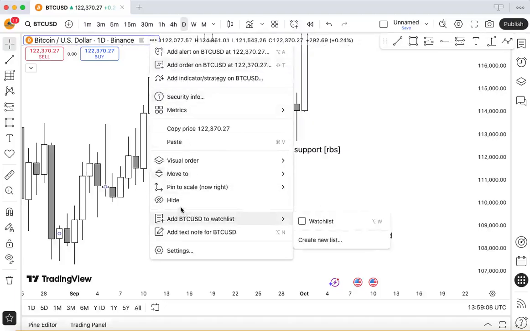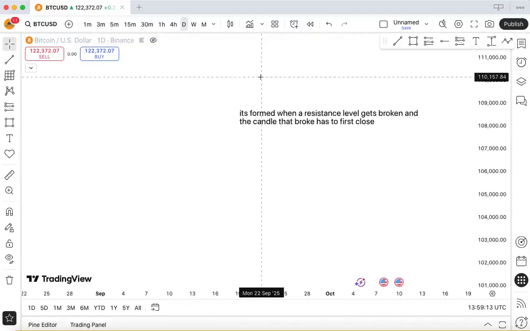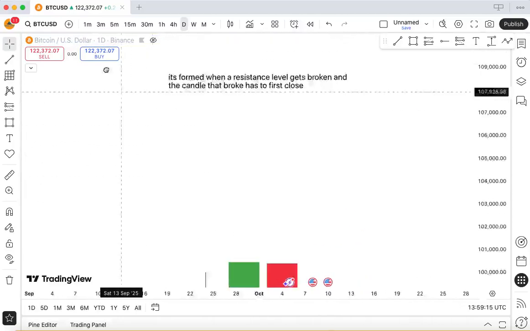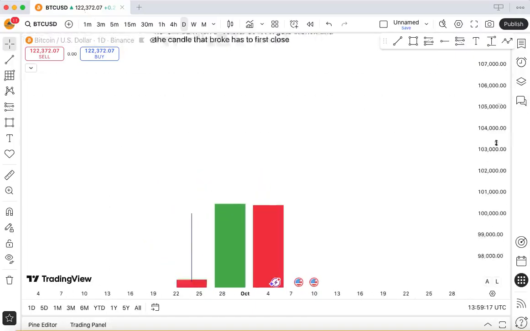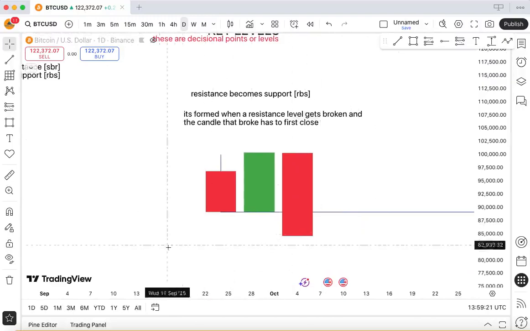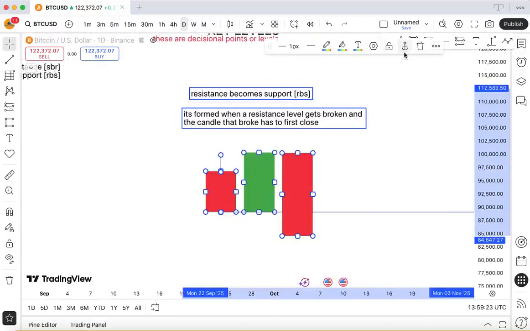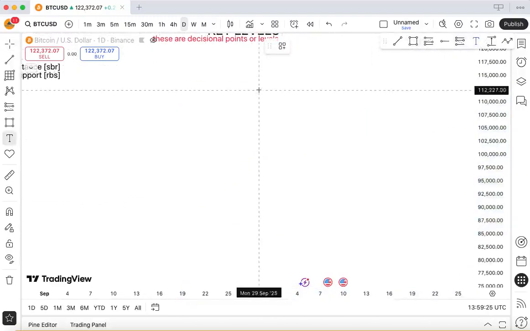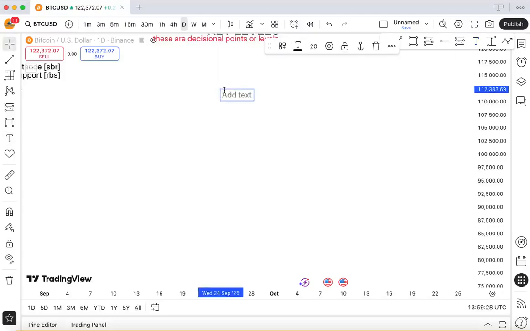I said another one is called an OCL, or an open and closed level. OCL, we call it open, close, level.